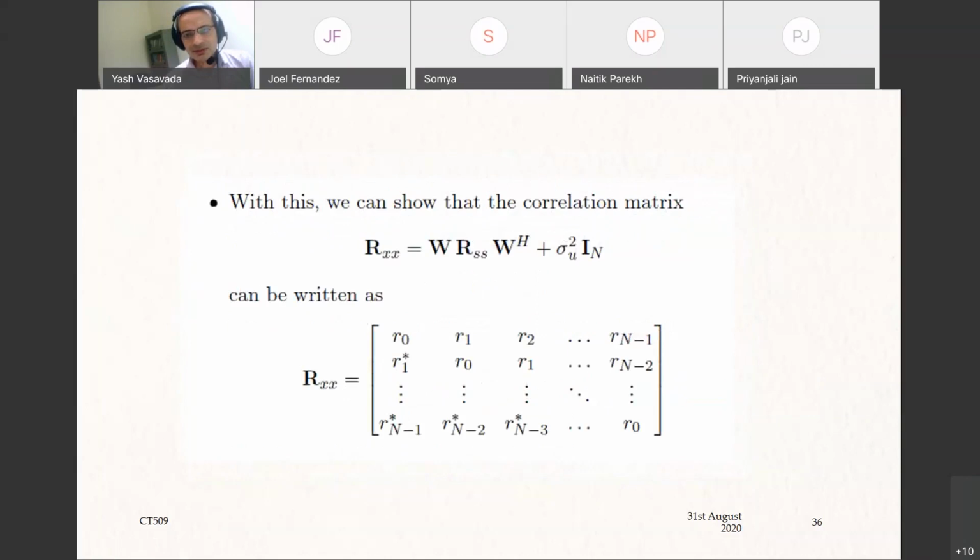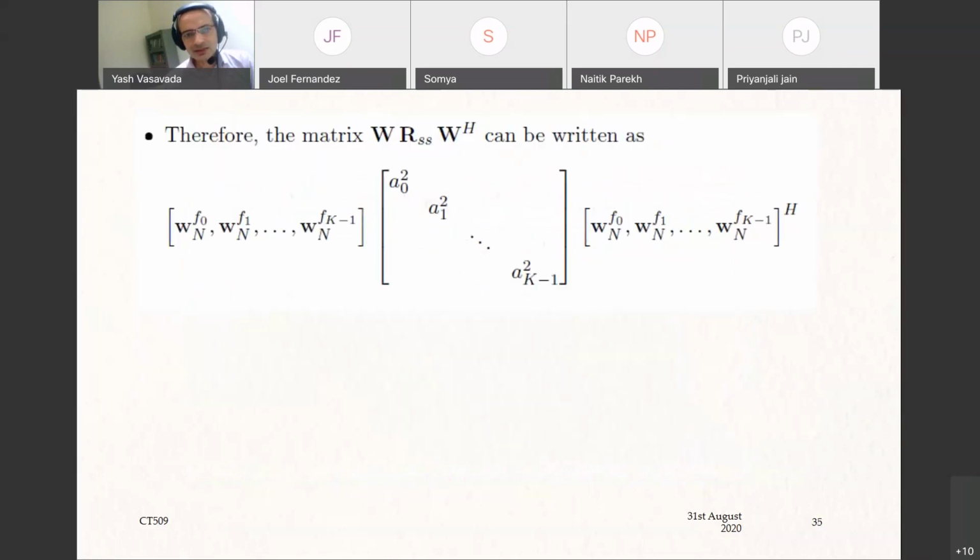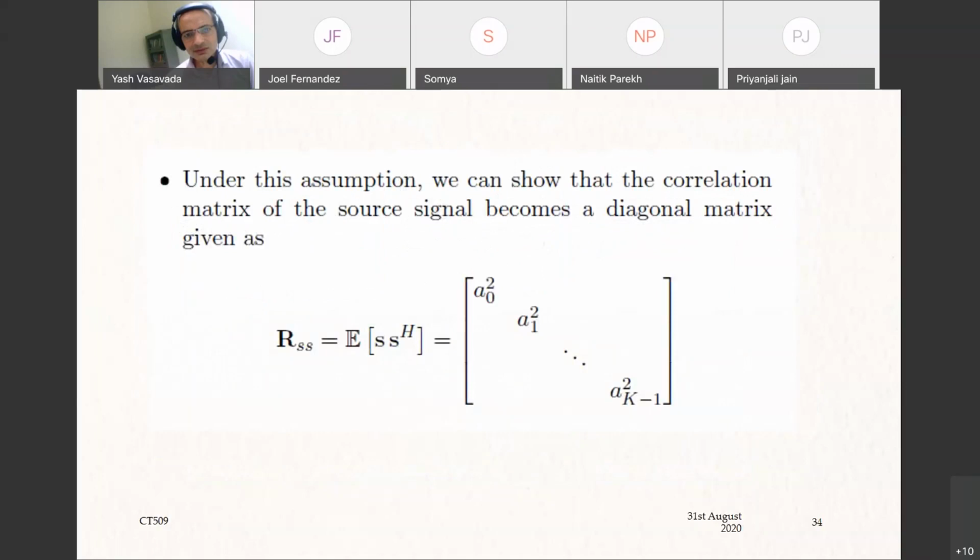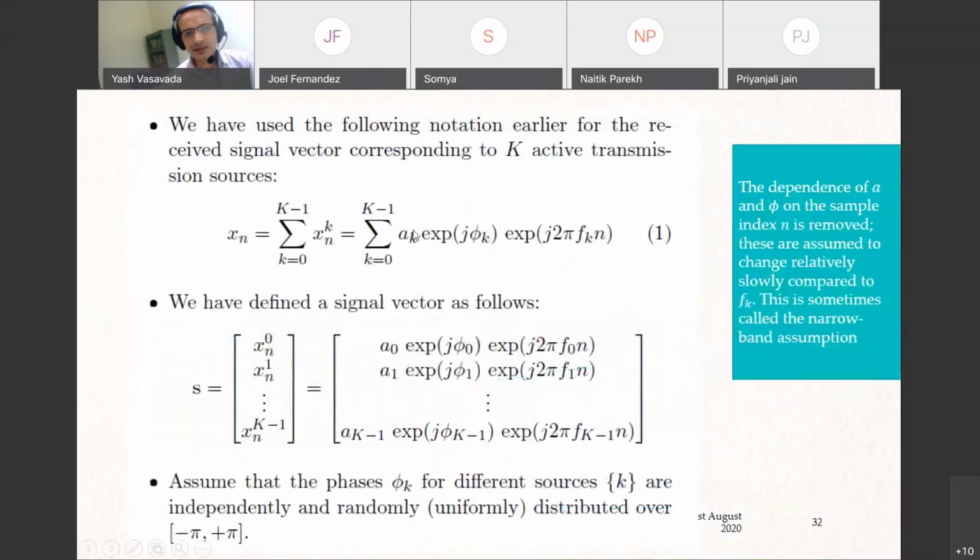understandable because in this signal that we have considered to begin with, the power of this signal is going to be the power of the individual transmitters, which is contained in these a_k terms. And so if I take the total power, it is going to be the summation of a_k squared.